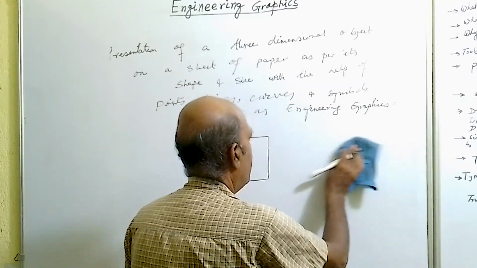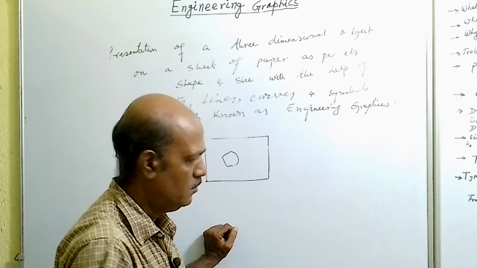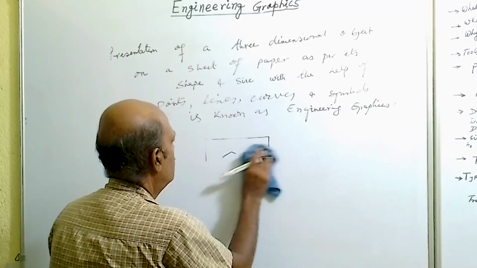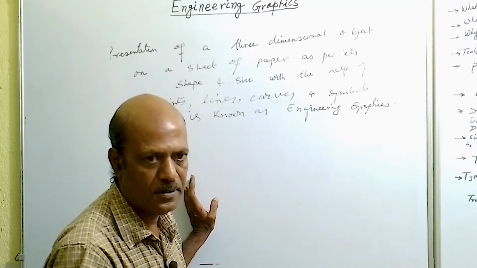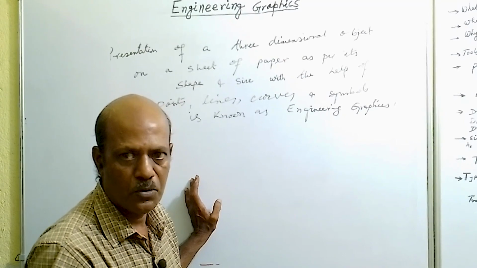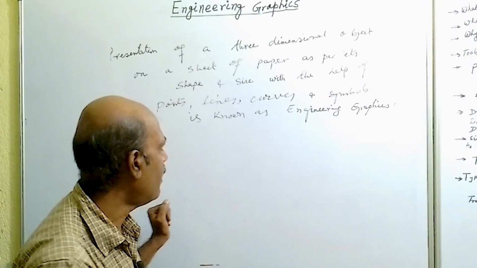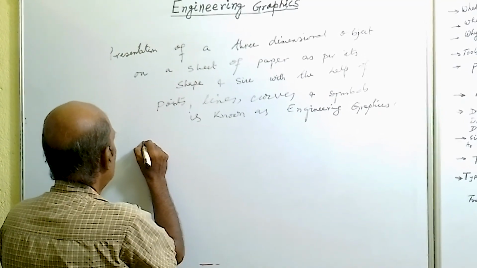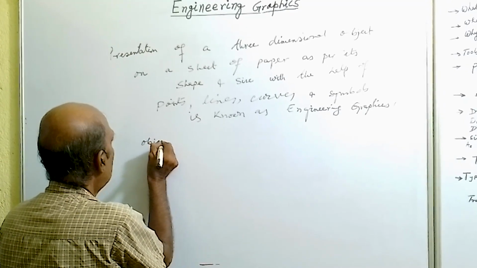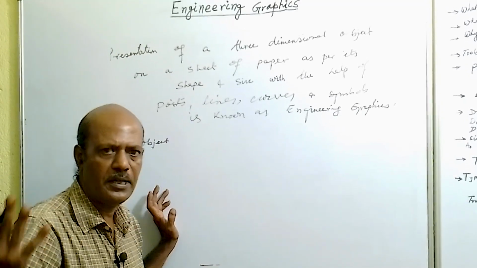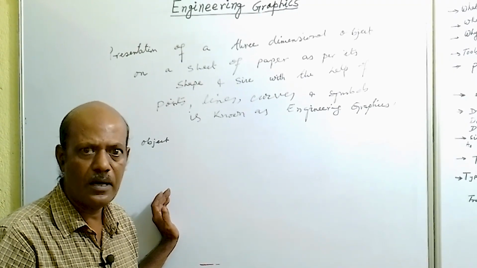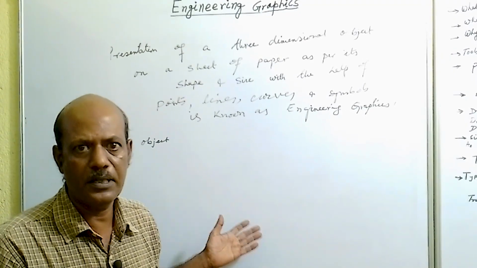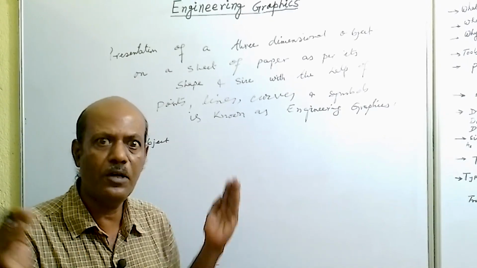Okay. Now, what is the need of this subject? So, if we consider the object, all the objects are three-dimensional objects, and the idea of every object is conceived by somebody.